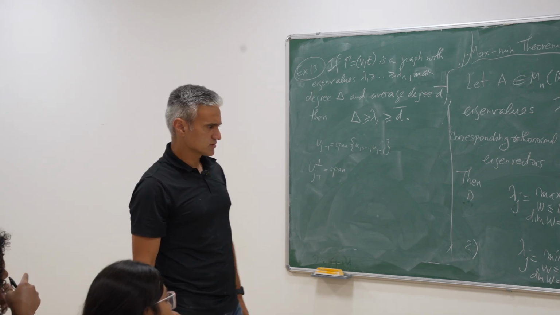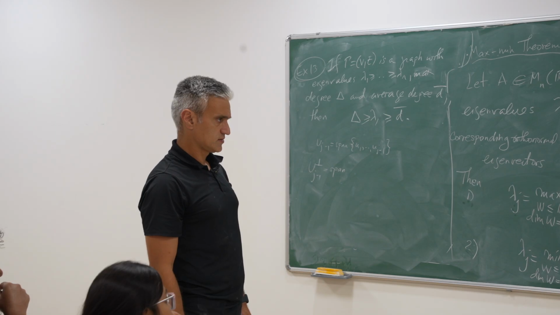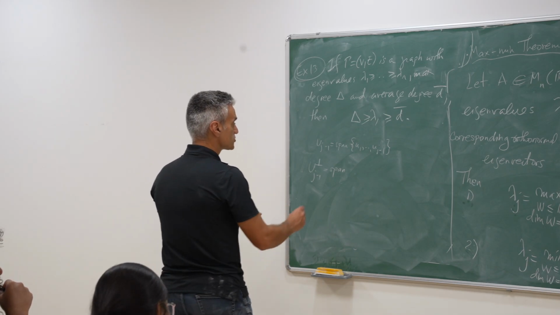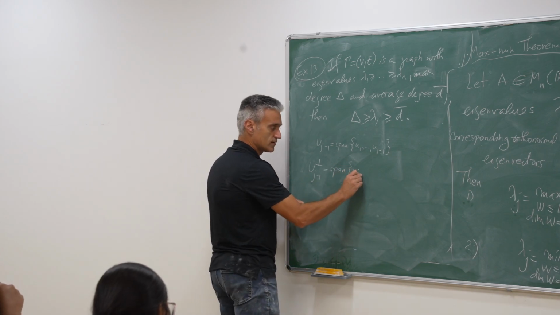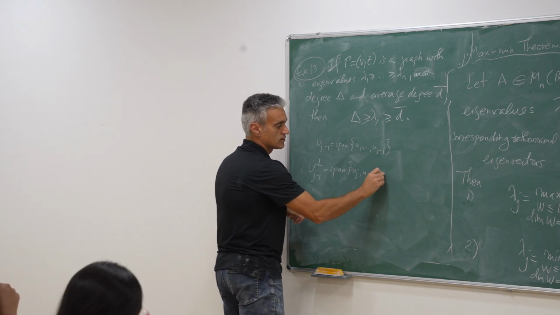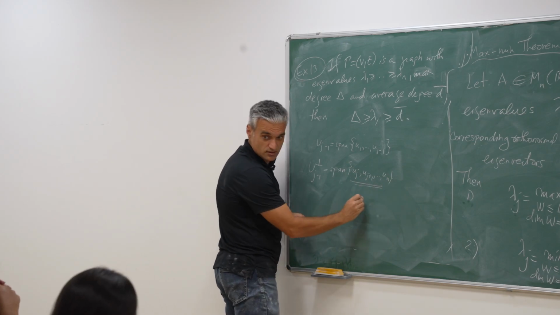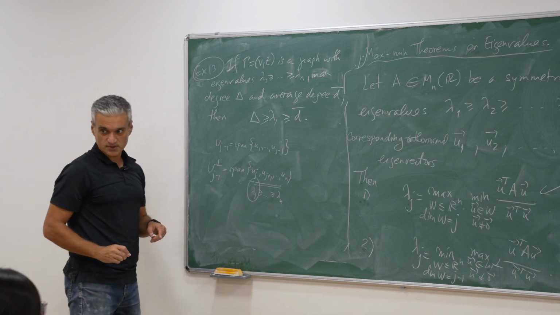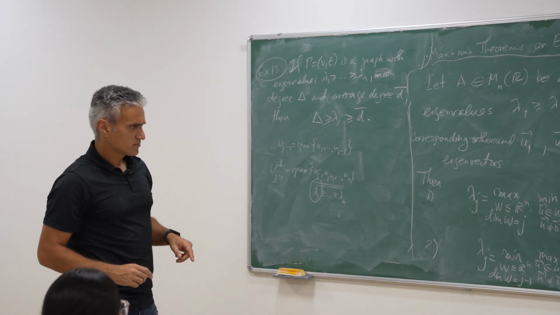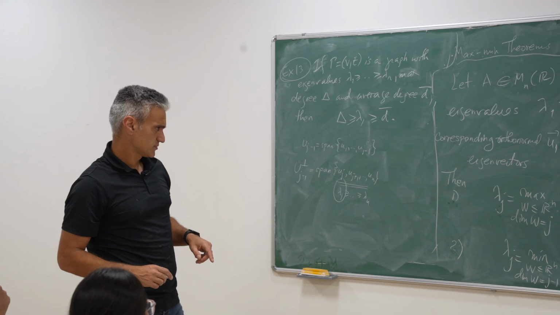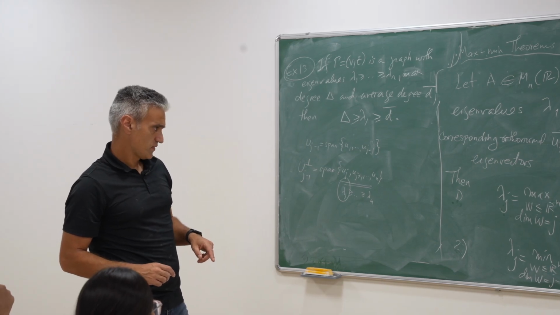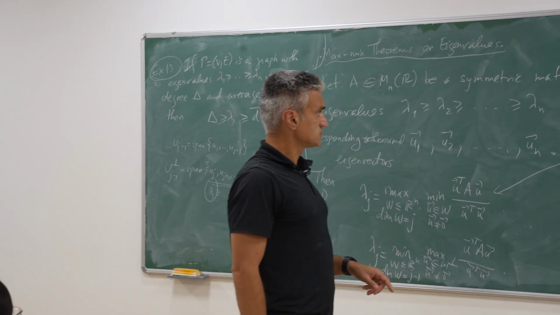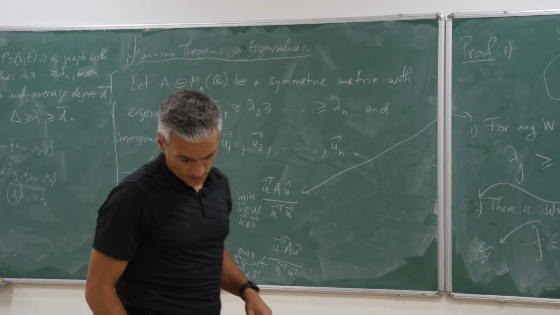No. Oh, no. Let me see. Yeah. So uj perp. So here, lambda j. Okay. But no, this should be the maximum. Did I get it wrong? Let me see.